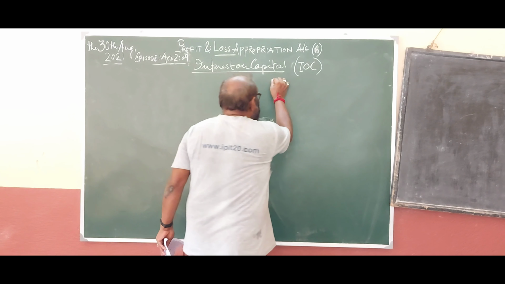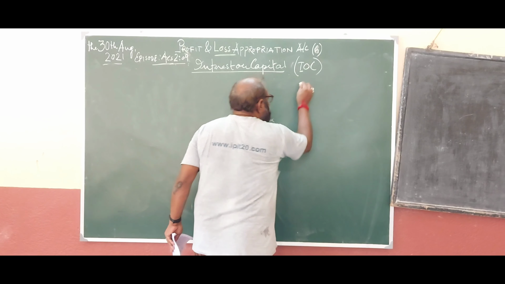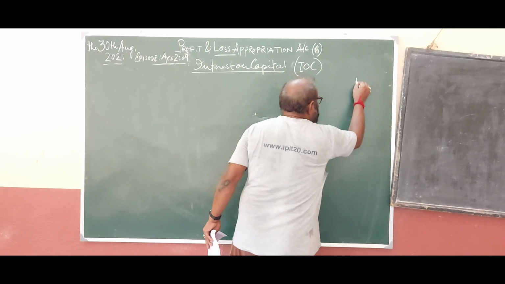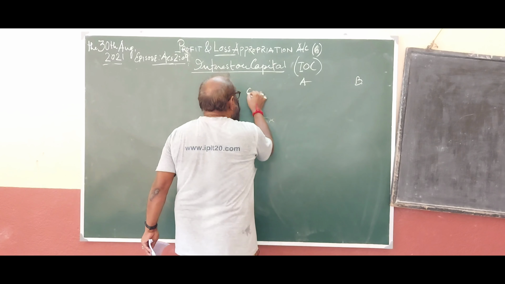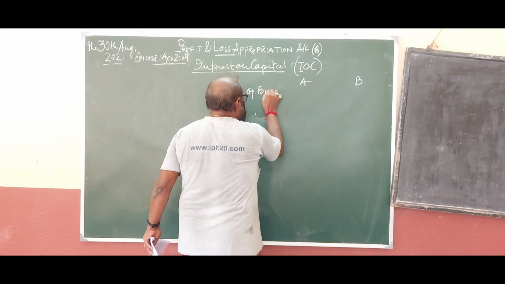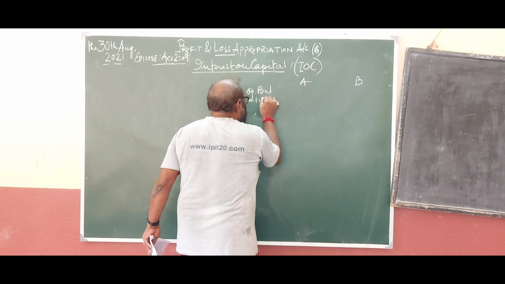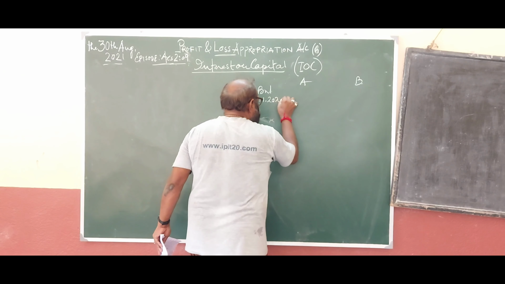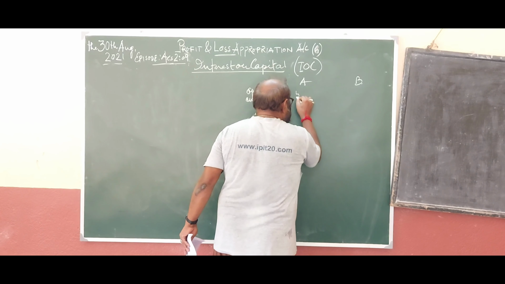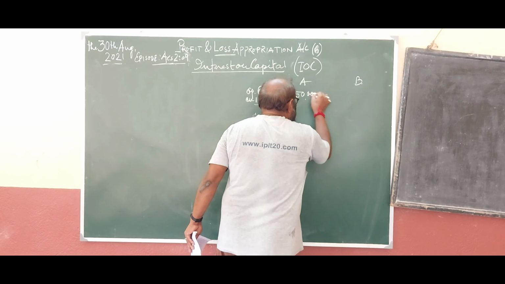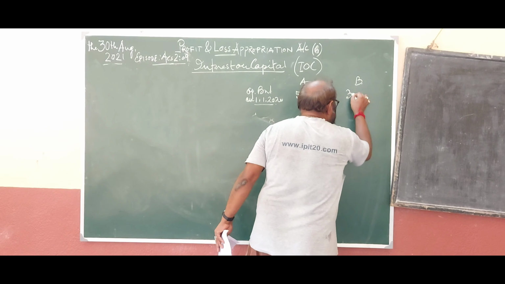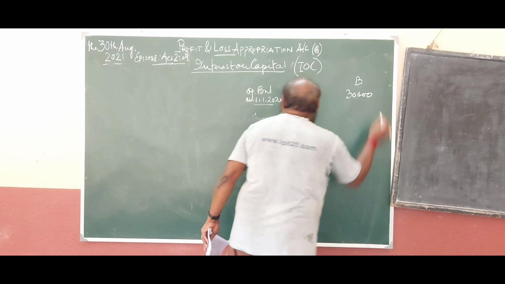The problem is Mr. A and B are partners. They have their opening capital on 1/1/2020: it is 50,000 and 30,000. Clear?